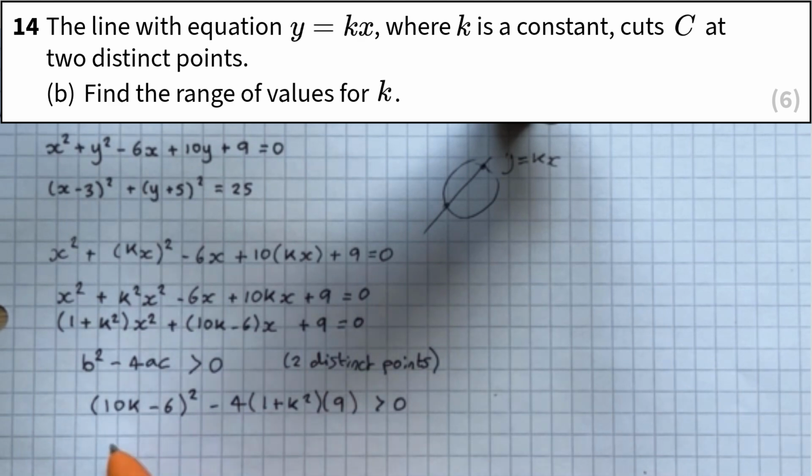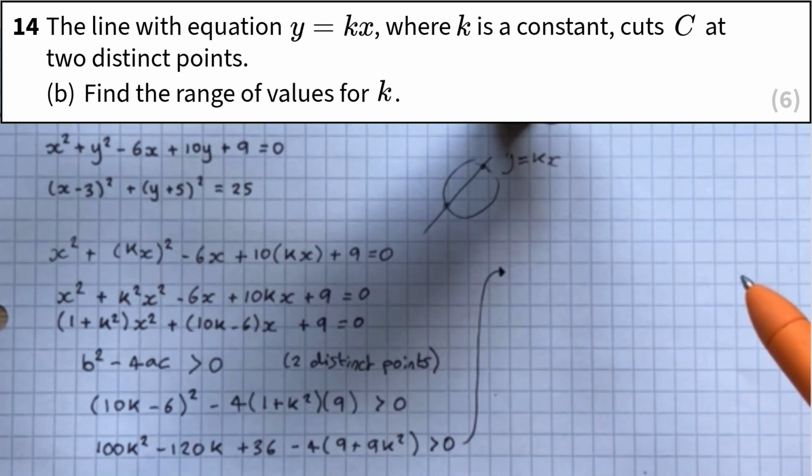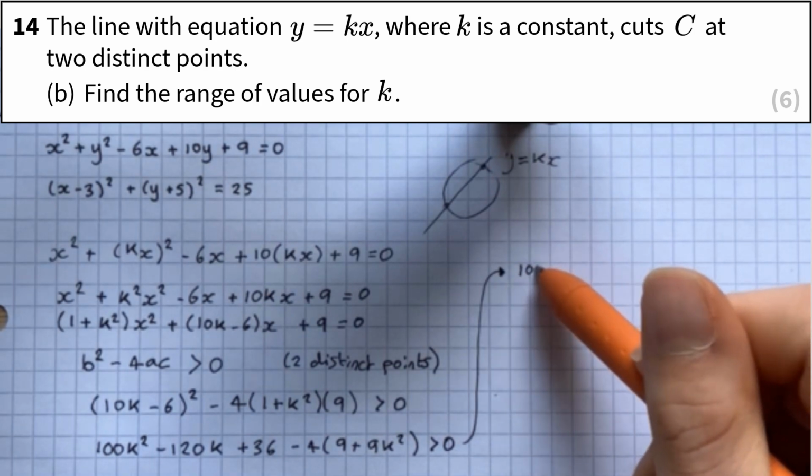If I expand out that first bracket, I'll get 100k squared minus 120k plus 36. And then I'll minus 4 lots of 9 plus 9k squared. And again, still bigger than 0. If I just scooch up here, I'll now expand that last bracket.